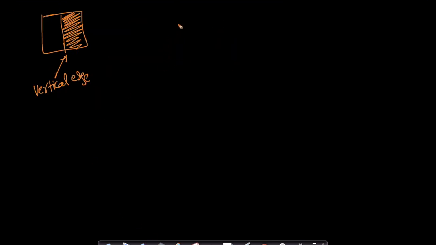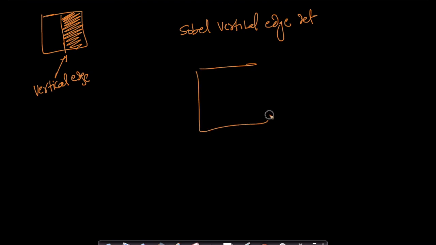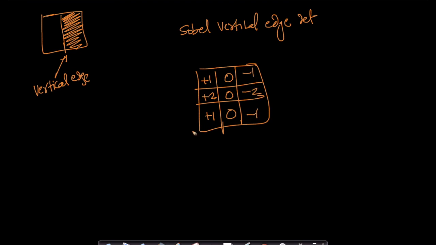So there is something called a Sobel vertical edge detector. The way it looks is this. It's also a 3 by 3 kernel where it looks like this: +1, +2, +1, 0, 0, 0, -1, -2, -1. That's all it looks like.